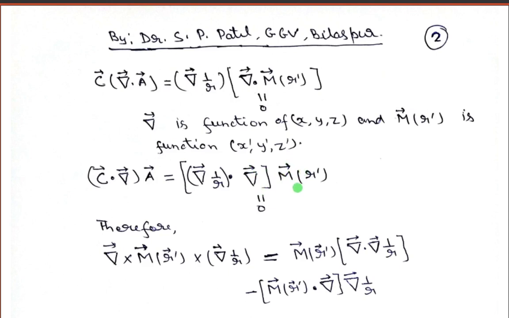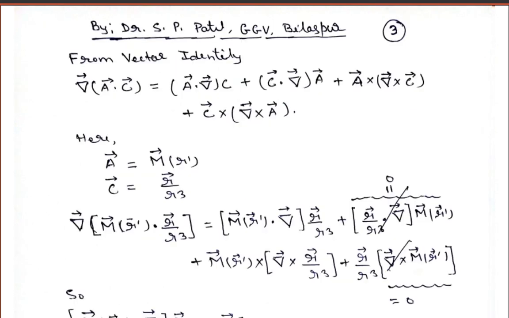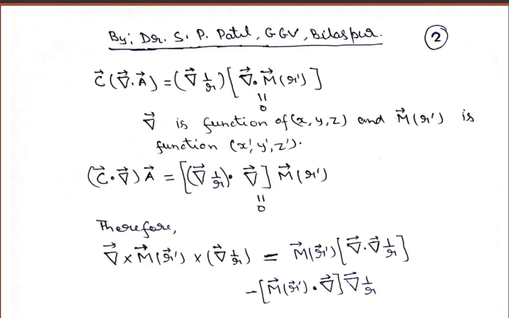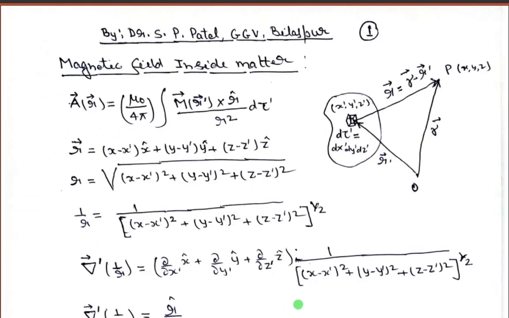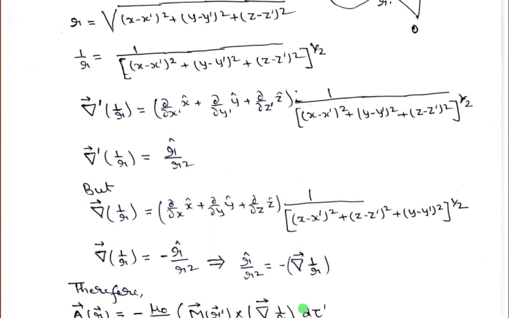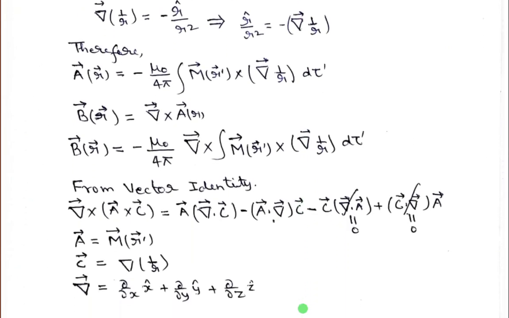So again this will give the 0 quantity. That is why in this vector identity, which I did on the previous page, these two quantities will be equal to 0.